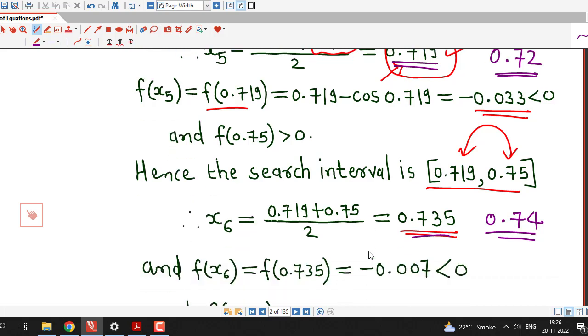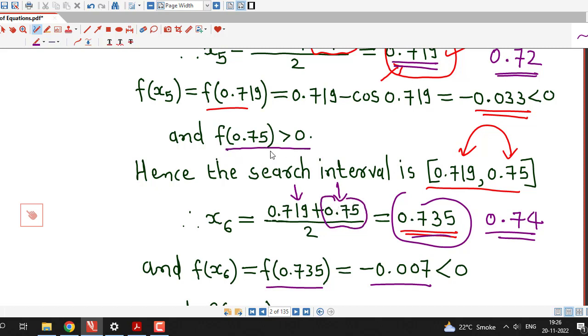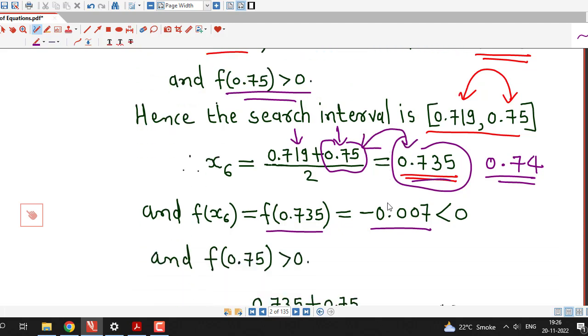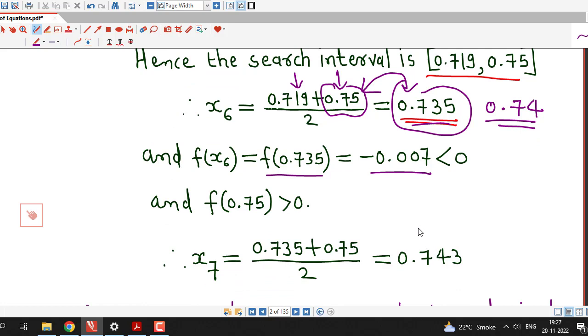So for that, again I obtain value of function at this point, it is negative, and this 0.735 is average of these two, and we know that function is positive at 0.75. So next approximation is average of 0.735 and 0.75, that is 0.743, and if we round off up to 2 decimal places, this is 0.74.